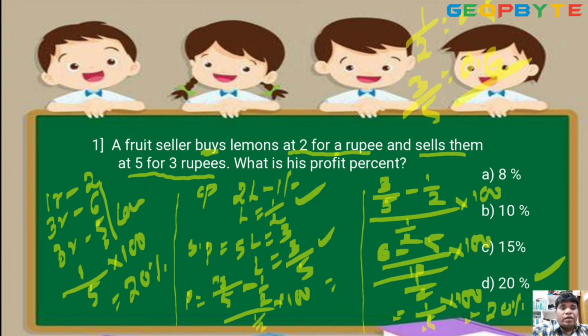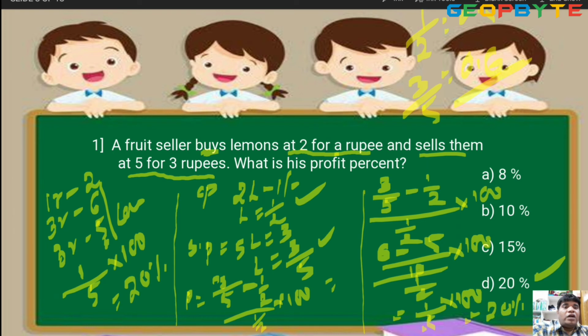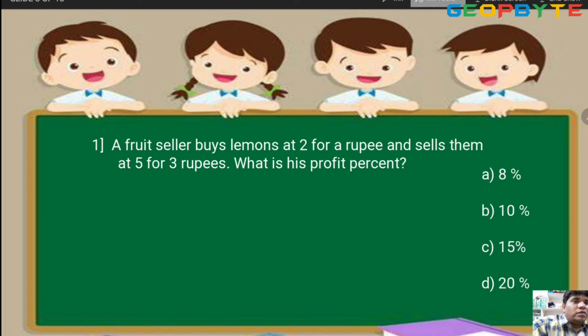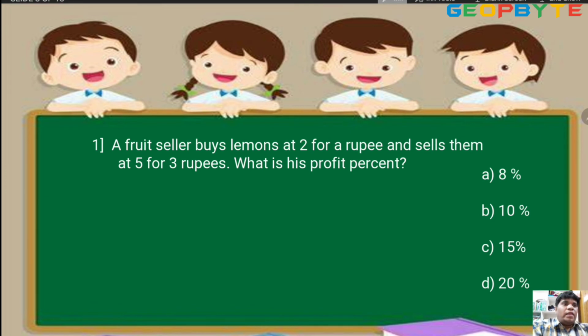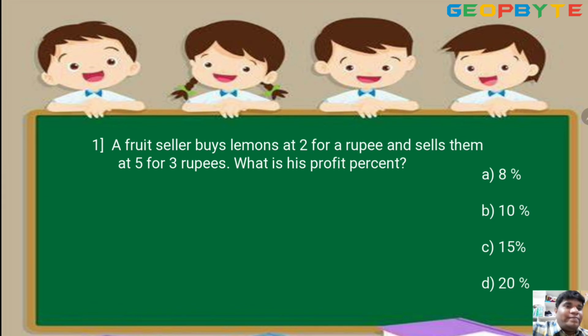Okay. Now, shortcut for the question. Shortcut. Observe the question. Cost price of A items is B rupees.